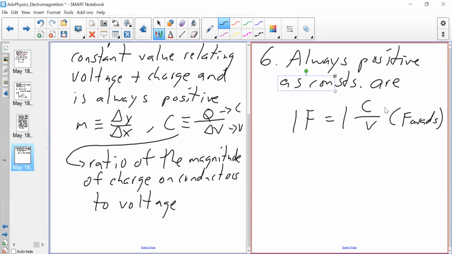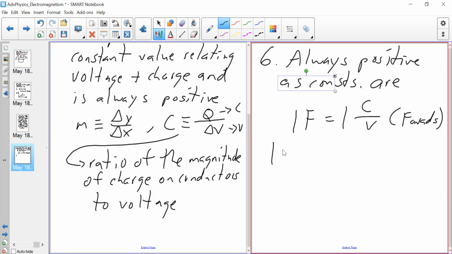Just like we talked about charge in terms of micro, nano and pico coulombs, we do the same thing for farads. We usually don't see capacitors in increments of farads. You're not going to have a 2 petafarad capacitor. Well, if you want to risk blowing up your building, make a capacitor of that size.